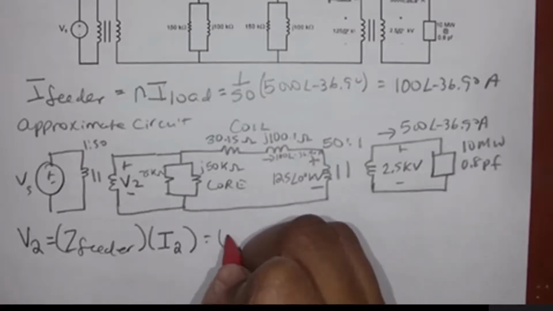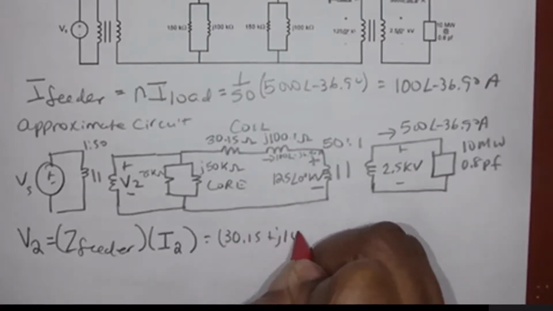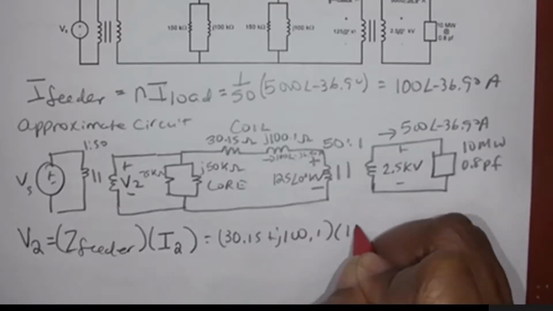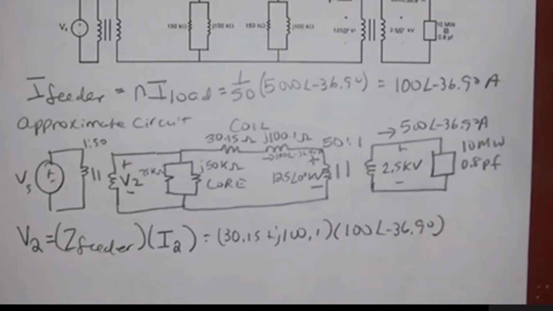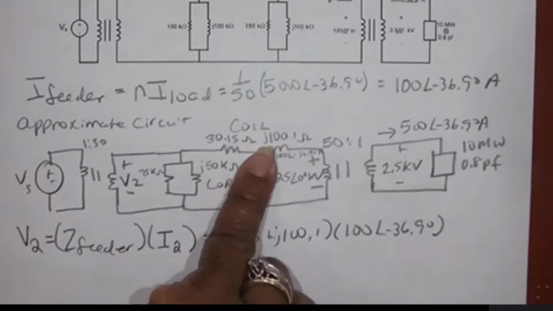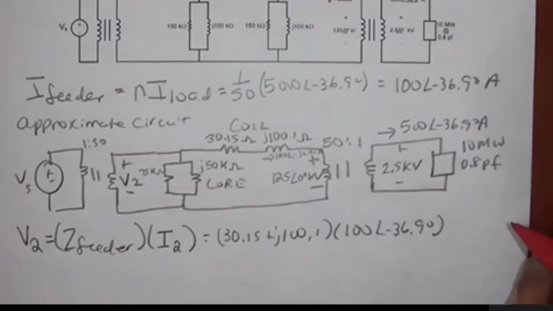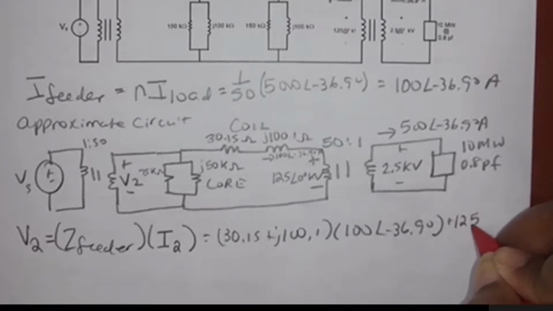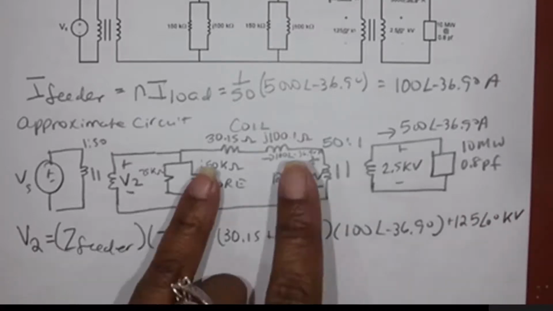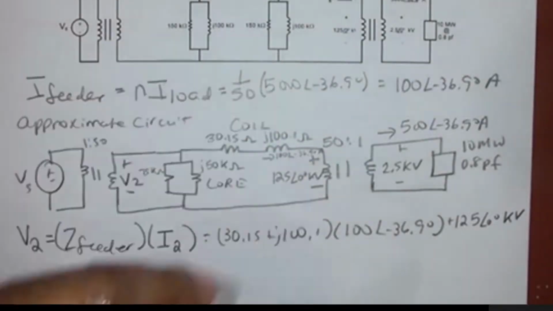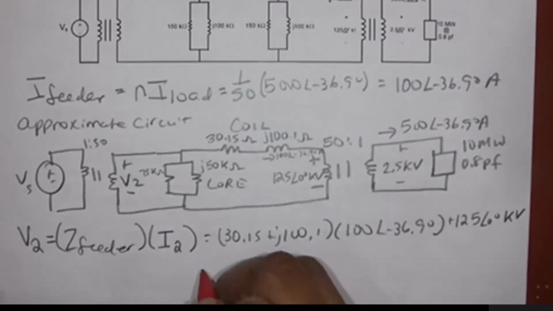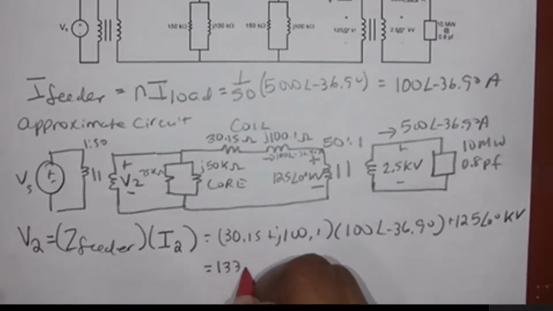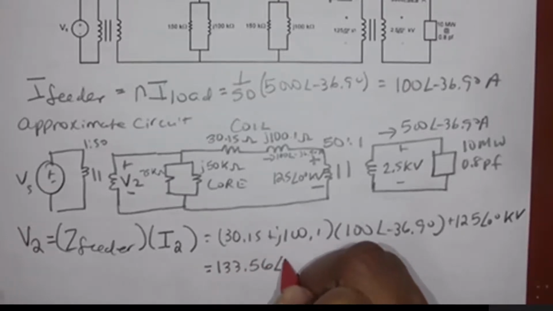So that's going to be 30.15 plus J 100.1 times 100 with an angle of negative 36.9 degrees. V2 is going to be the voltage drop across the feeder plus 125 kilovolts. The voltage across here plus the voltage across there gives me V2. So when I do the calculation for that, I get 133.56 with an angle of 2.66 degrees in kilovolts.